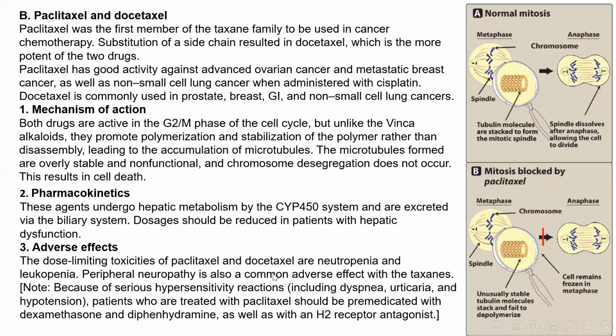In addition to all these side effects, there is a risk of hypersensitivity reaction, which could be mild, like urticaria, or very severe, such as severe hypotension and shock. So sometimes it is recommended to use anti-allergic drugs such as dexamethasone, diphenhydramine, and H2 antagonists.